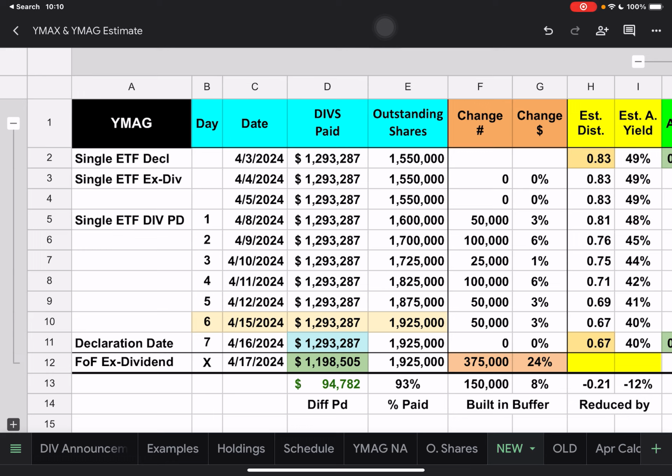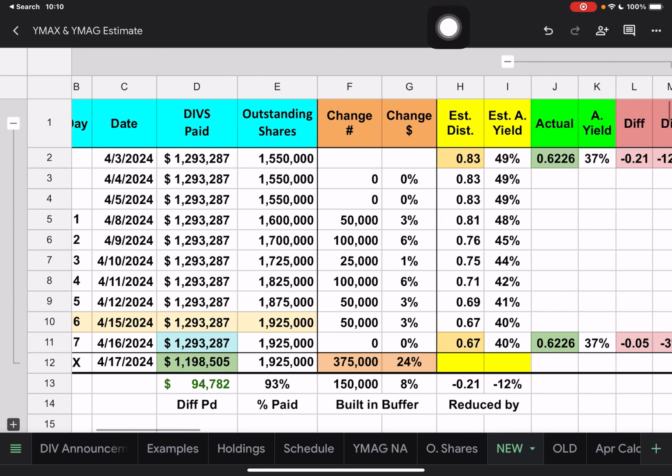And then the reduced by in columns I and H down there is the difference between the distribution amounts. Let's say if you had the underlying single stock ETFs instead, you were looking at an average distribution of 83 cents, if you recall from the beginning, which was right here, and that was the yield.